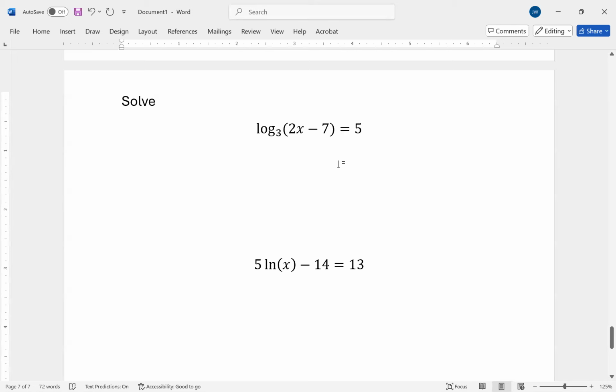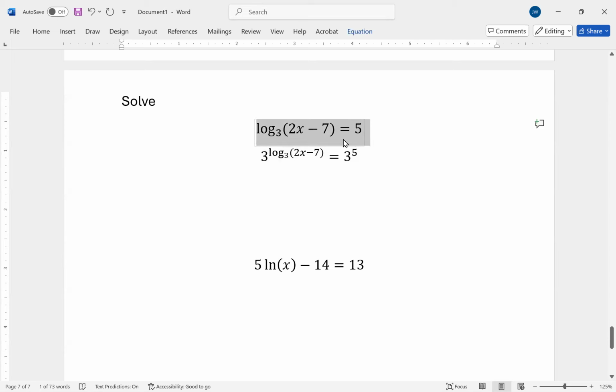In this first equation, we've isolated the logarithm with the argument in it on the left-hand side already. So I don't need to isolate any more than I already have. I can simply either think of this as taking 3 raised to that log base 3 of 2x minus 7 power equal to 3 to the 5th, or I can think of this as saying, what does this mean as an exponential function?